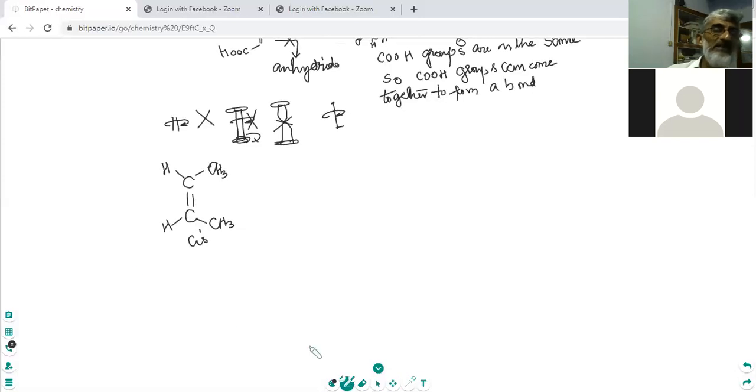It is cis-2-butene, and remember the IUPAC nomenclature is Z-2-butene.